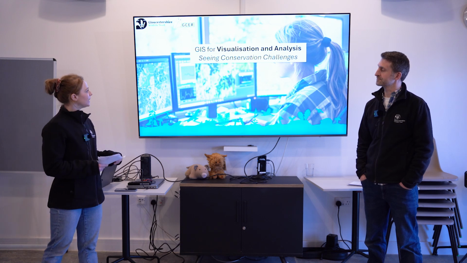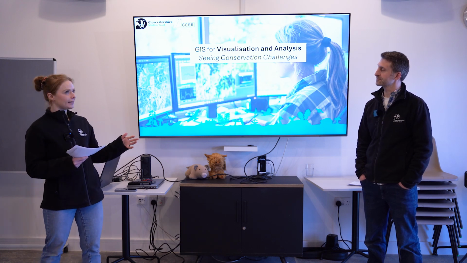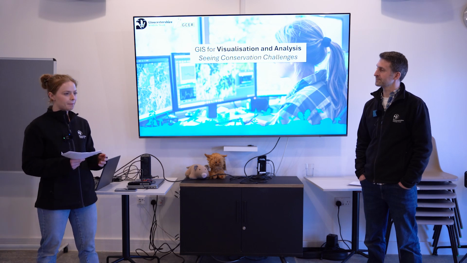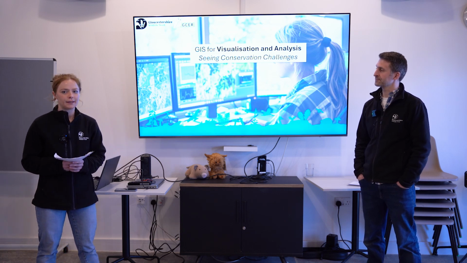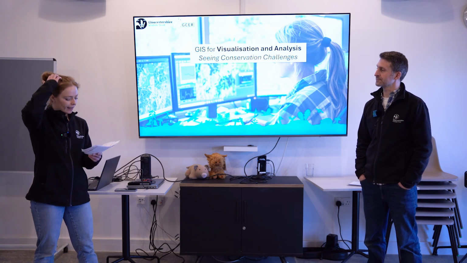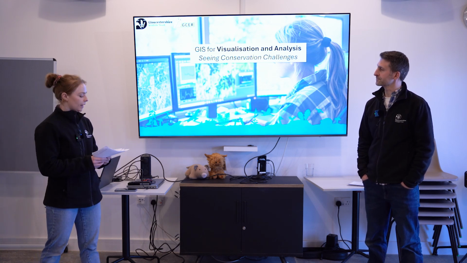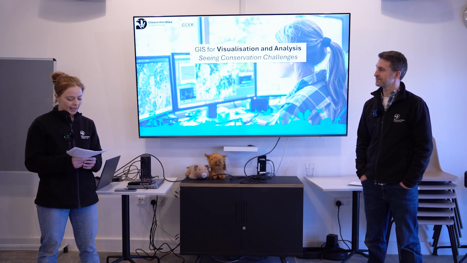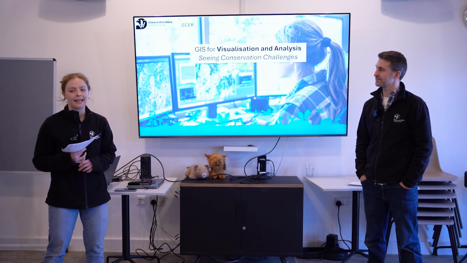So visualization of data is really, really important because it makes quite complex environmental data a lot easier to understand, interpret, and communicate, which allows us to make better informed management decisions which are rooted in evidence.